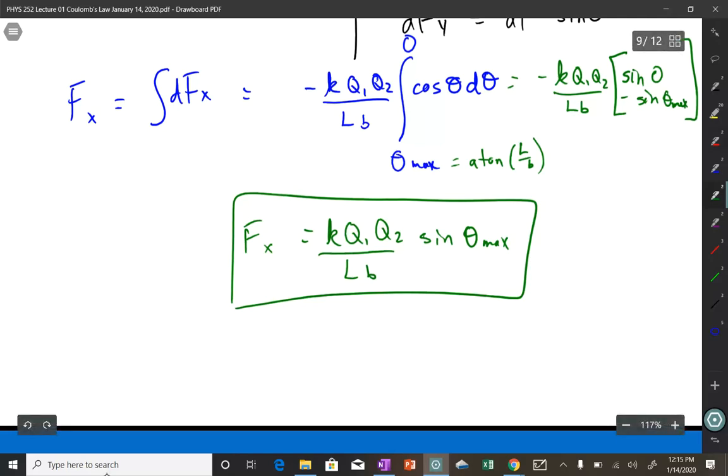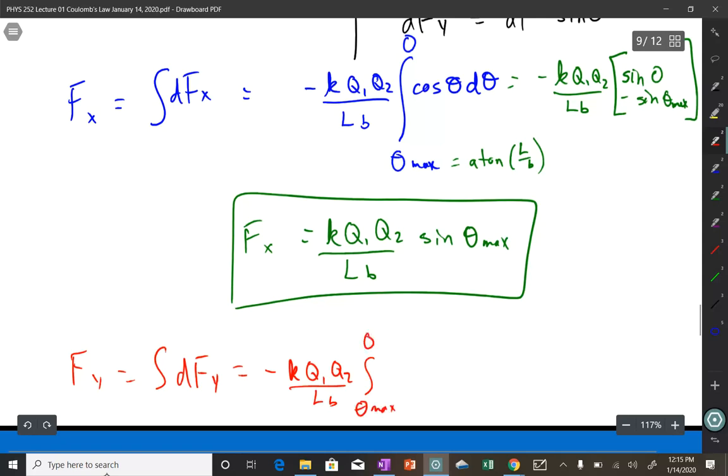Okay, so let's do the final one. All that's different is it's an integral of sine theta d theta instead of an integral of cosine theta d theta. So the integral of sine theta is going to introduce the negative sign.